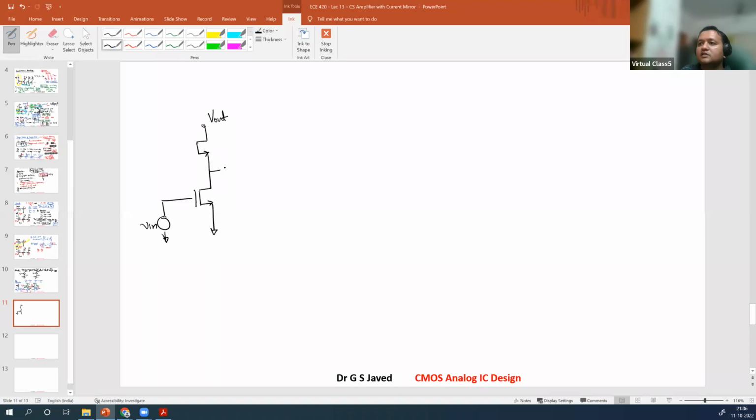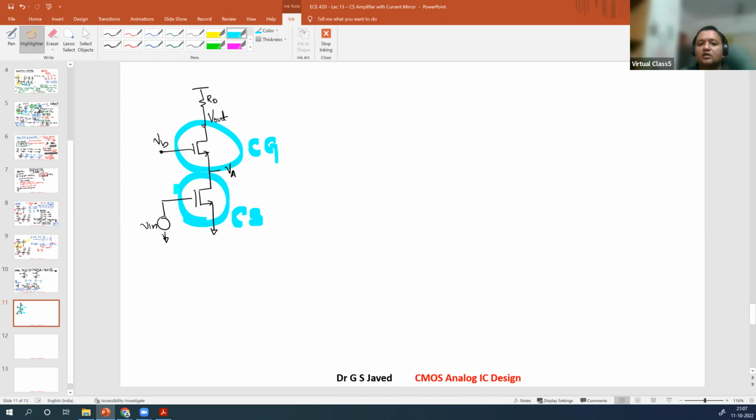So I will call this VA. This is going to be your bias, VB, Vout. And for this Vout to take, you should have a load here. So in this case, this is common source, this is common gate, right?